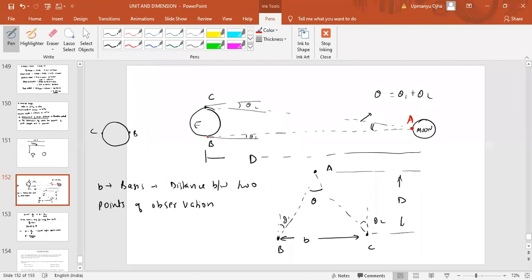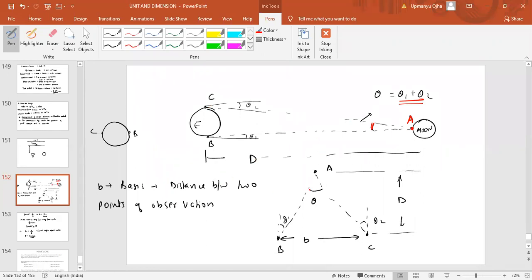Then we observe from the diametrically opposite point on the earth, that is point C, and observe the same point A. We found that the angle which point A makes with point C from the vertical is theta 2. From point B and point C, the total angle it makes is theta, which is theta 1 plus theta 2.